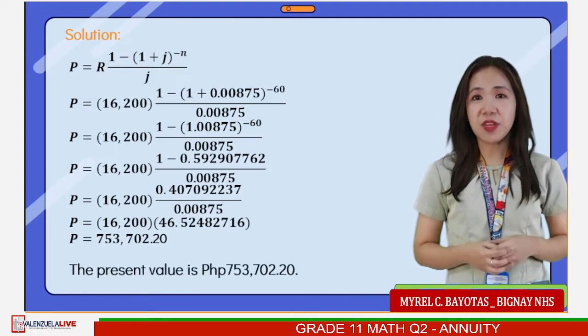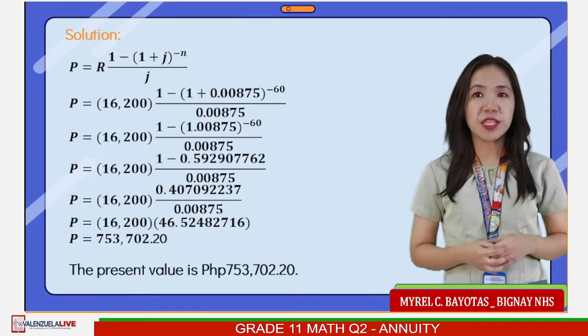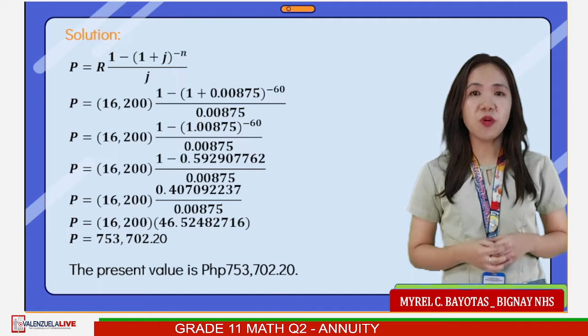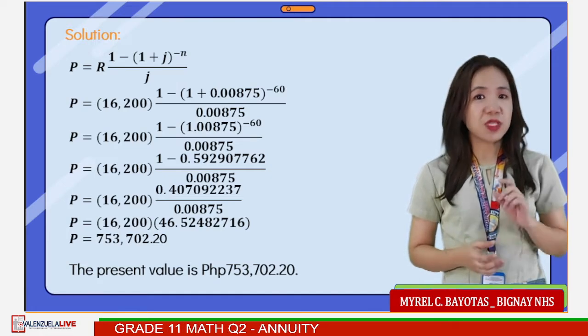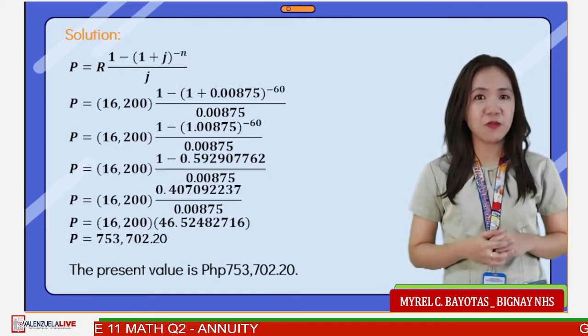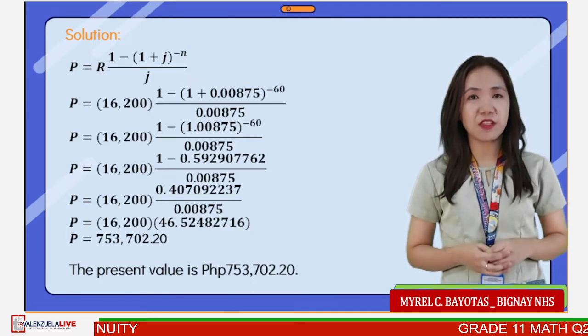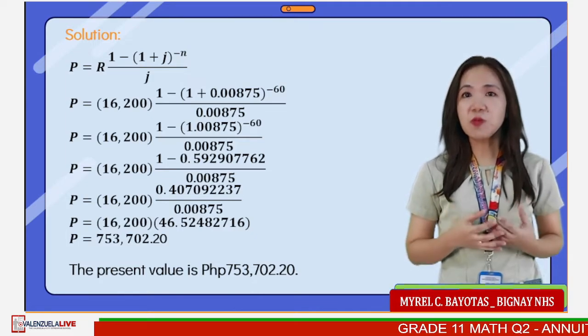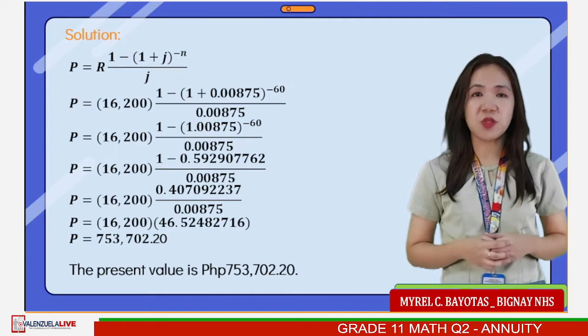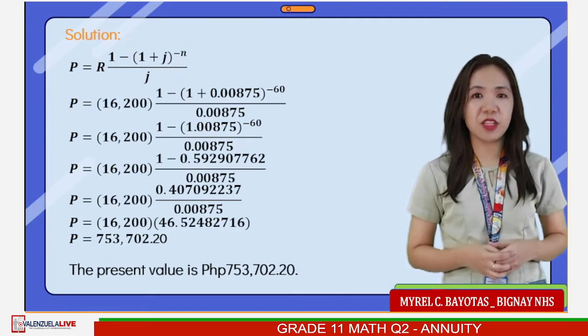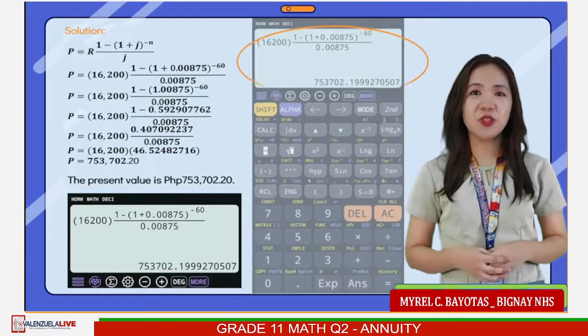The present value is 753,702.20 pesos. But take note that this is not yet the final answer, since what we are looking for is the cash value. Just like what we did earlier, we can solve this quickly using scientific calculator. Here's how the solution will look like.